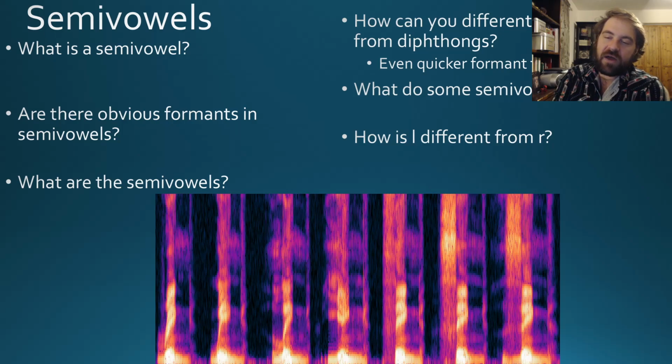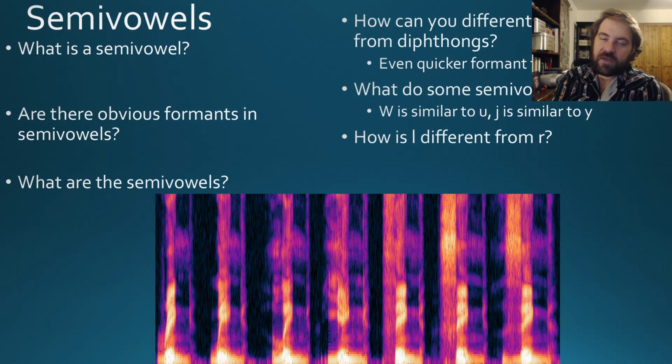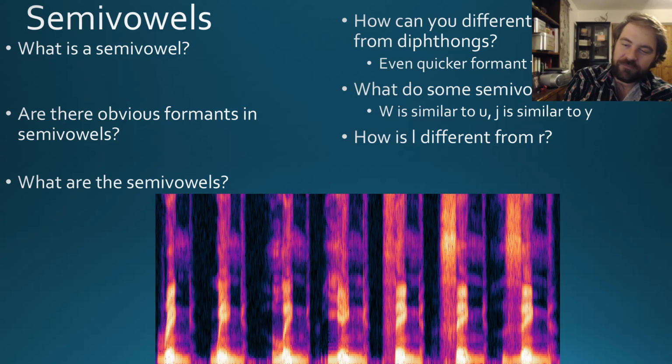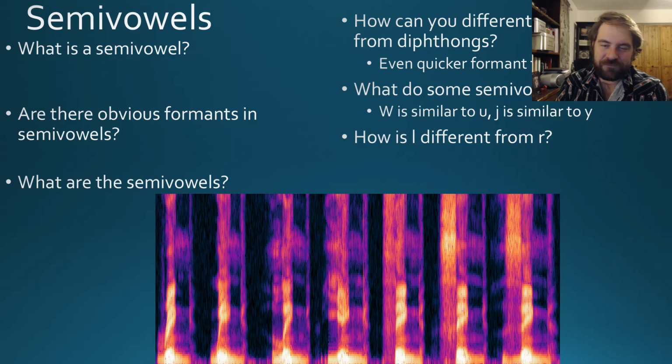What do some semivowels look like? Well, the W is similar to an OO. It's just a little bit more constricted. And the Y is similar to an E. Why did I put a Y? It should be just a little I. I don't know what I'm thinking. The Y is similar to an E, just a little bit more constricted.